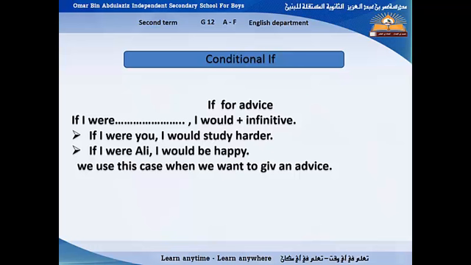If I were Ali, I would be happy. So here I'm giving advice to Ali. If I were him, I would be happy. I'm telling him you should be happy, you ought to be happy. So we use this case when we want to give advice.